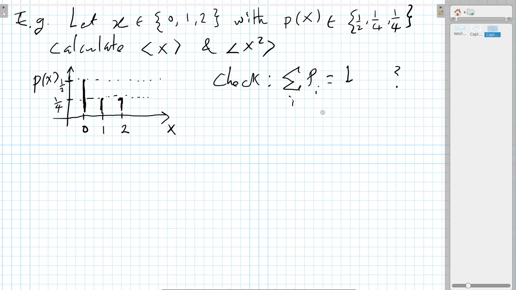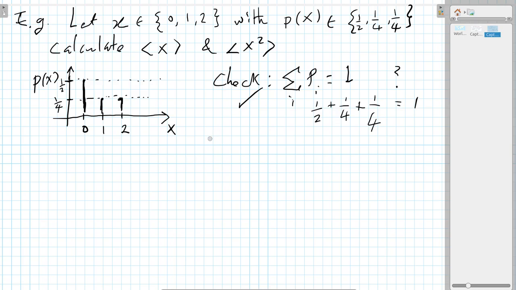Is it true? You can do that, and you're going to see that it's true, because we have 1/2 plus 1/4 plus 1/4. This is going to be 1. So good check.